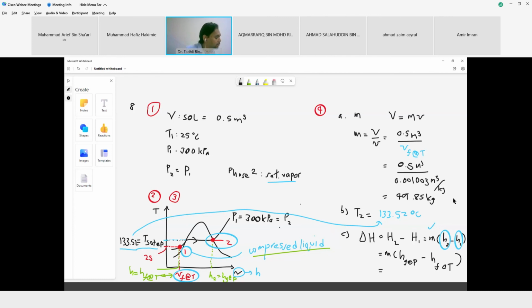The final answer should be 130.6 megajoule. 130.6 gigajoule. Okay, this is how we solve the problem. Kaedahnya sama macam kita buat nombor 5 tadi.